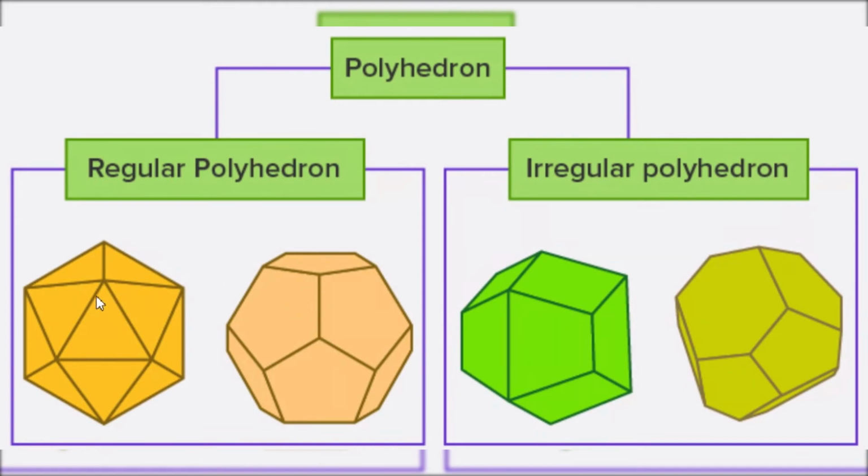So this is an equilateral triangle, which is a regular triangle, and this is a regular pentagon. So regular polyhedrons are those where all the faces are regular and the same, congruent polygons. When all the faces are the same and they're all regular, that's called a regular polyhedron. Each face is a regular polygon.